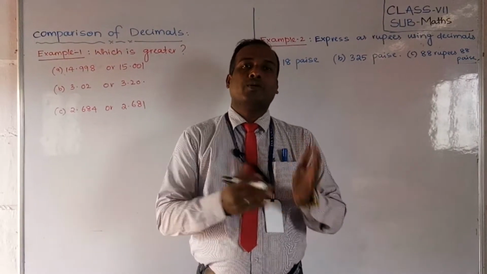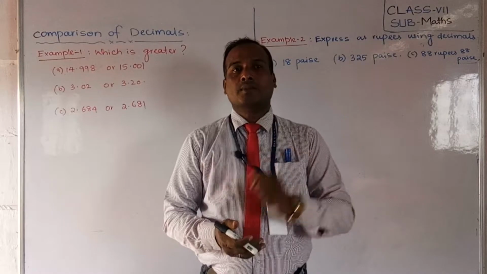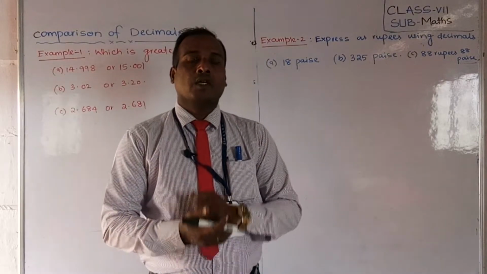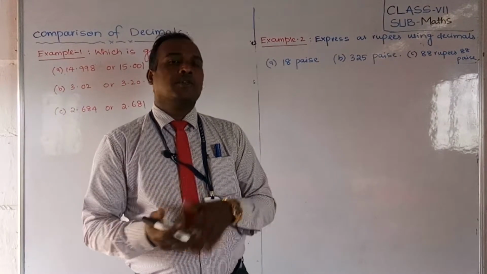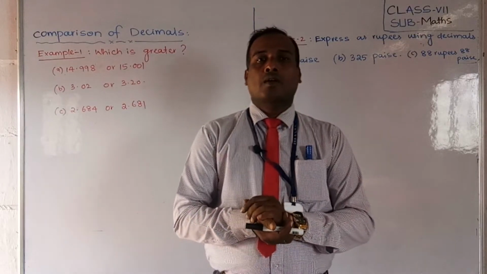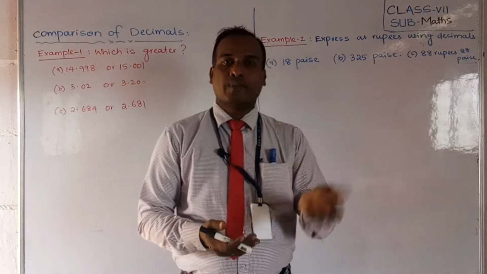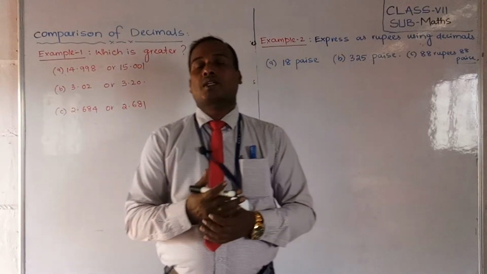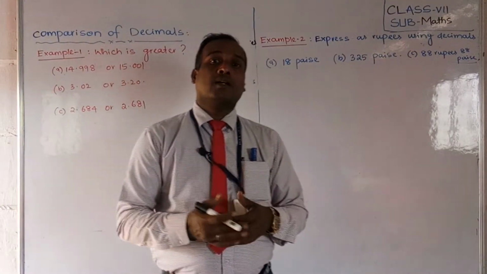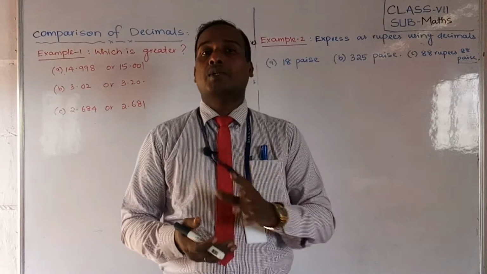Students, today we are going to continue our third chapter, that is decimals. In the previous classes, we have already discussed what a decimal is, place value of decimals, the expanded form, and also decimal places and decimal numbers.